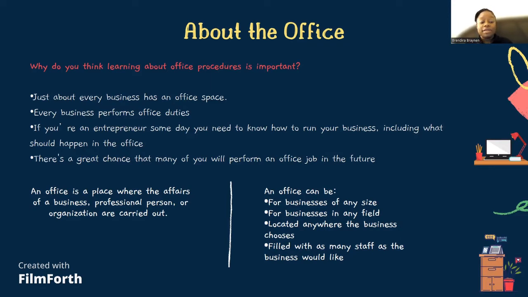When we look at an office, an office is a place where the affairs of a business, professional person, or an organization are being carried out. All of the goals, the vision and the mission of a business or an organization can't be carried out without somebody in the middle helping to orchestrate everything.